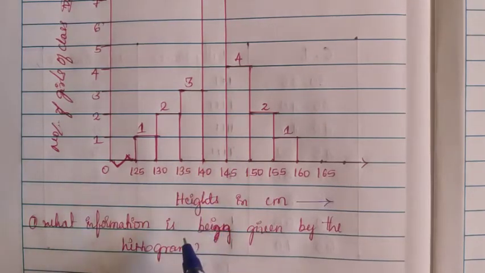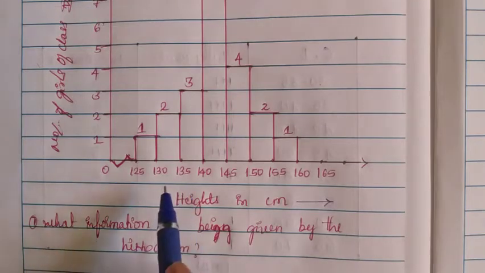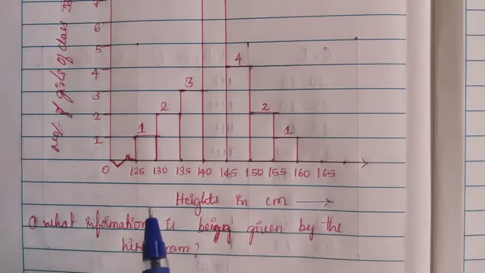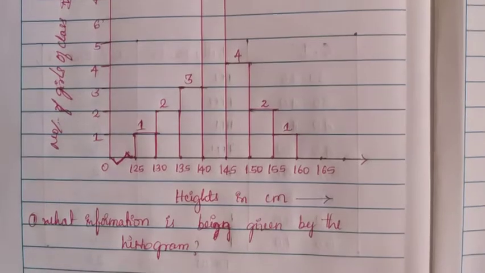By this histogram, we come to the conclusion that the girls' heights are given, and those girls belong to class 8. Finally, these are the heights of the girls present in the class 8 standard.